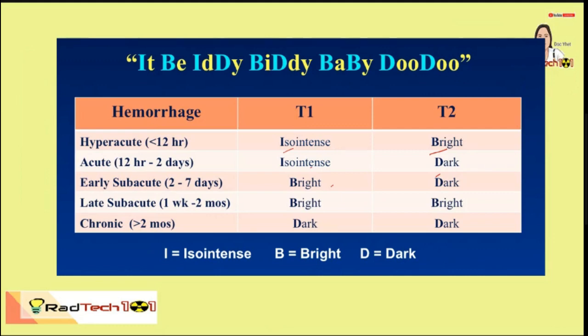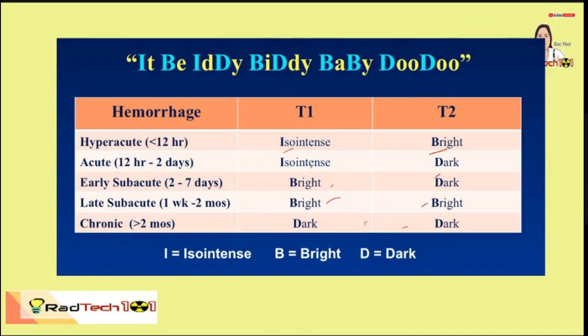Late subacute, when the hemorrhage occurred from 1 week up to 2 months, the appearance both in T1 and T2 is bright. And for chronic hemorrhage, which occurs more than 2 months, the appearance of hemorrhage in T1 and T2 is both dark.